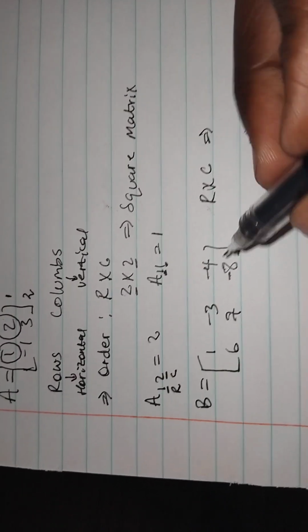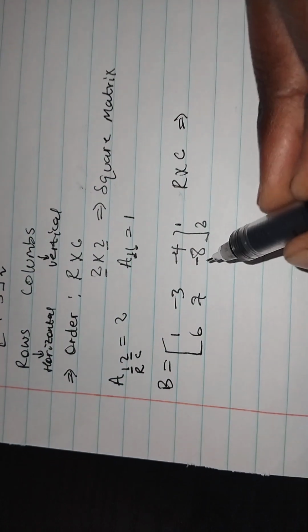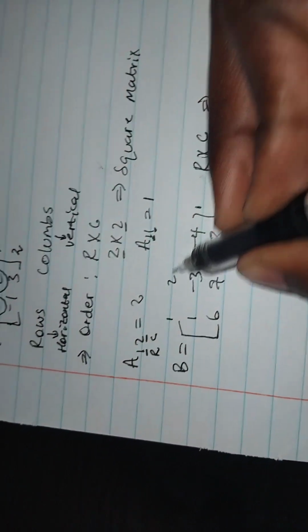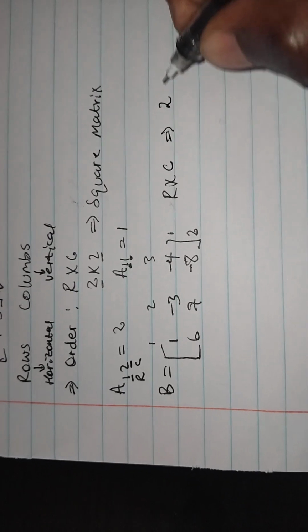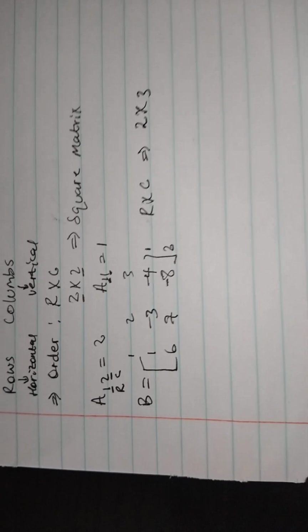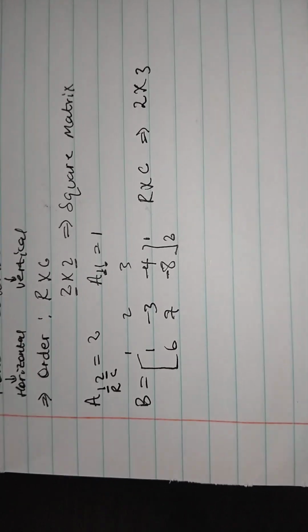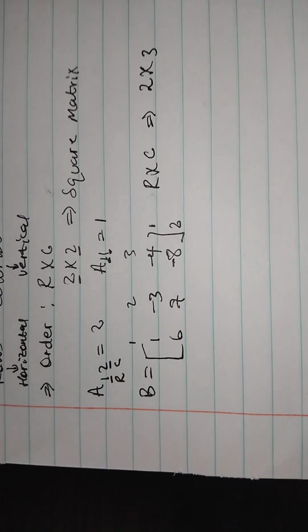We have 2 rows horizontally, and we have 1, 2, 3 columns. Since the order is given by rows times columns, the order of matrix B is 2 by 3. Can we say that B is a square matrix? No, because the number of rows is not equal to the number of columns. So B is not a square matrix.